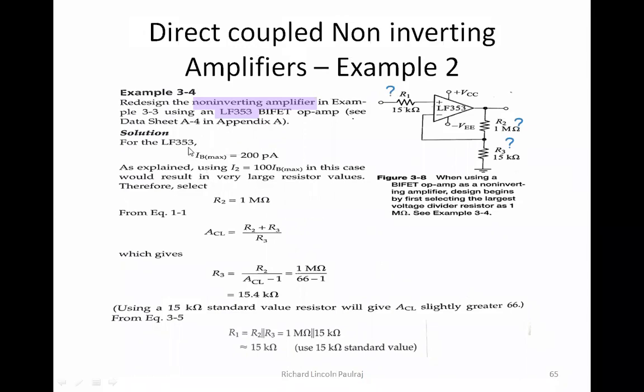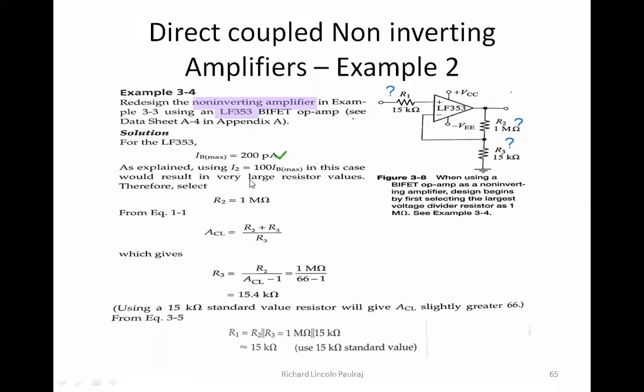Based on the data sheet, we have IB max, which is about 200 pico. We'll be taking I2, which comes here. I2 is equal to 100 times IB max.